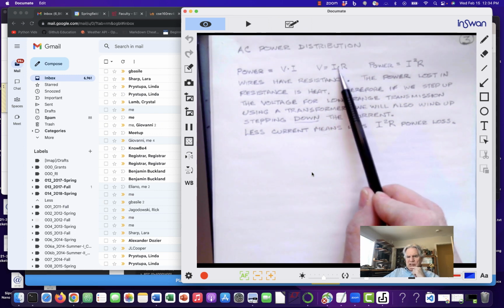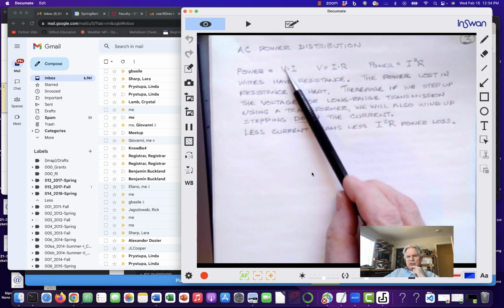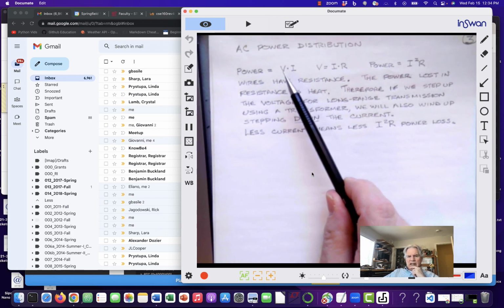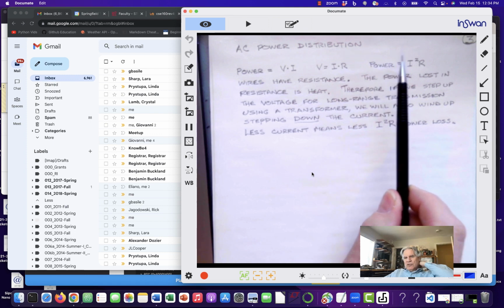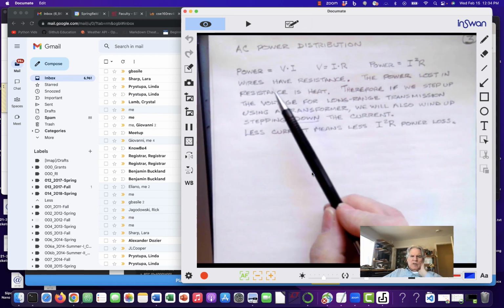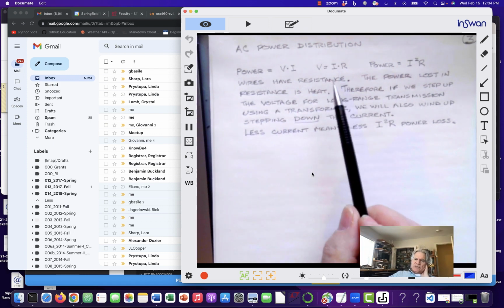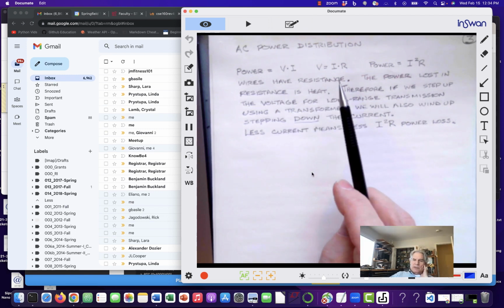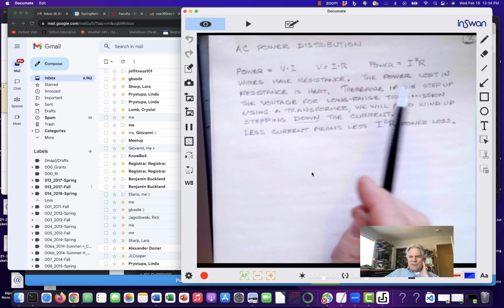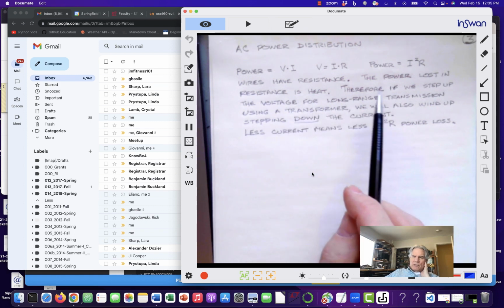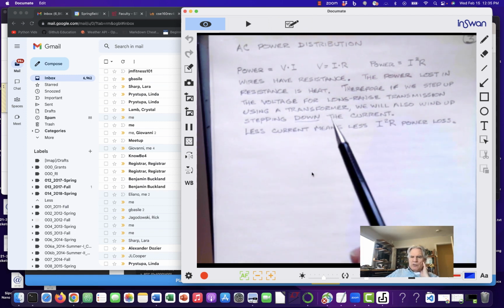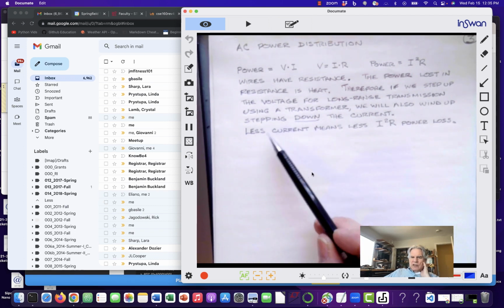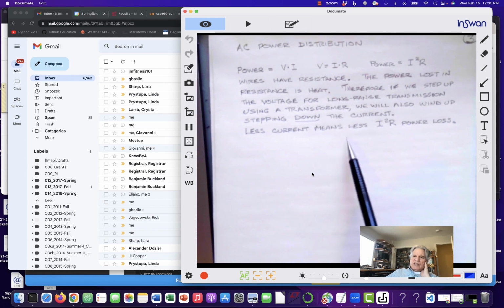So if I substitute IR in for V here, I get IR times I, which is I squared R. Now wires have resistance. The power lost in resistance is heat. We've talked about that. Therefore, if we step up the voltage for long-range transmission using a transformer, we will also wind up stepping down the current. Less current means less I squared R power loss.